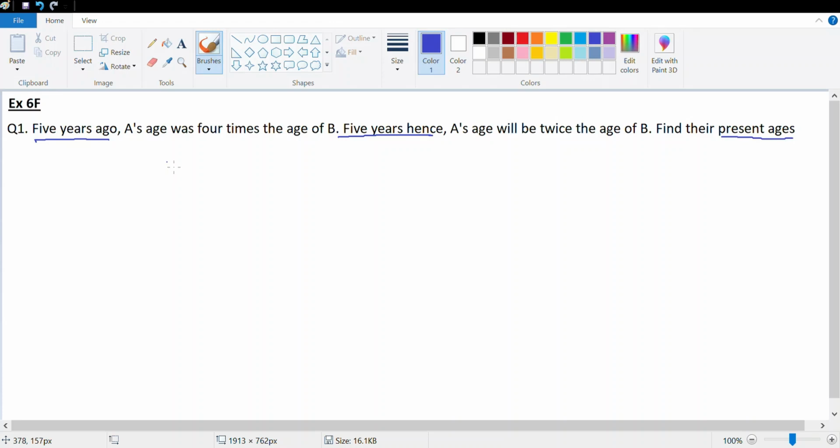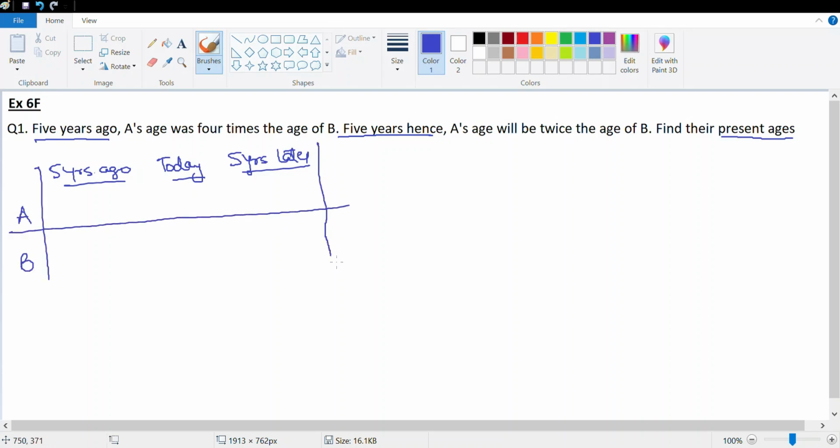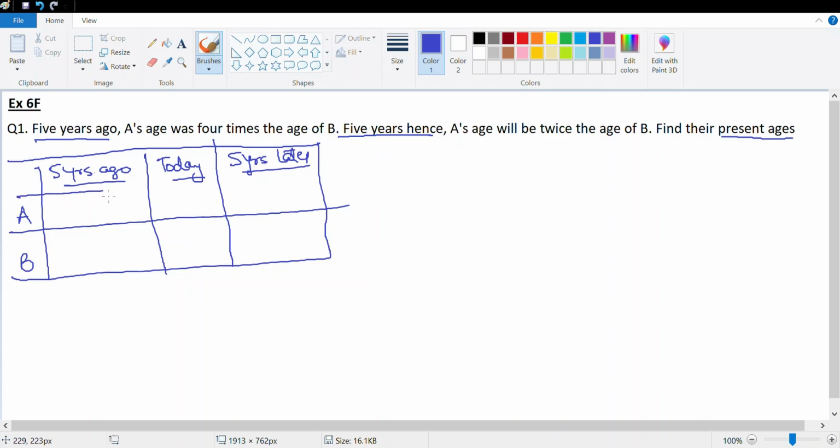I would prefer to make a table like this: today, 5 years later, and 5 years ago, for two people, A and B. That's the way I prefer to work. Makes my life simple, I feel.